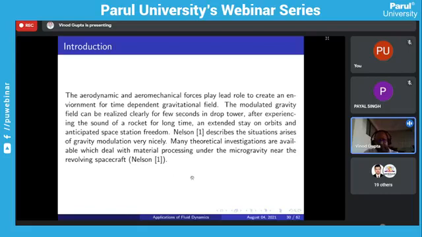I have considered that the gravity is time dependent, not constant, and you can experience this gravity modulation in the launch of a rocket for a long time, in an extended stay in orbit, and in the drop of a tower. When the tower is dropping, you will experience your gravity decreasing for a very short time. So this gravity modulation works for a very short time.